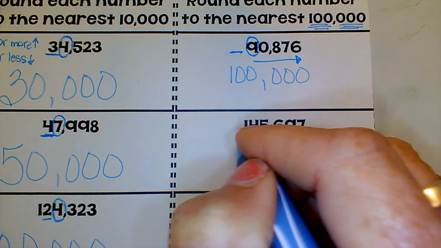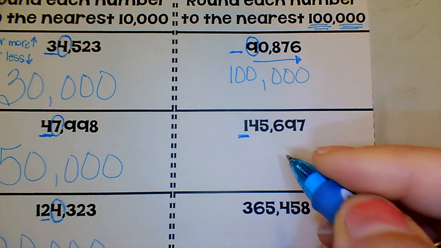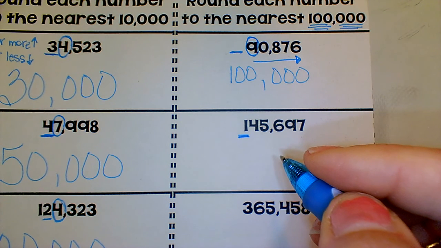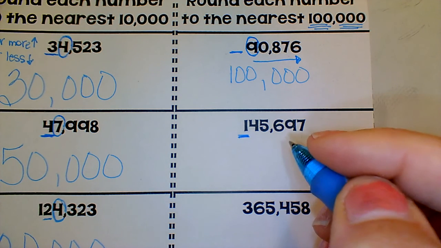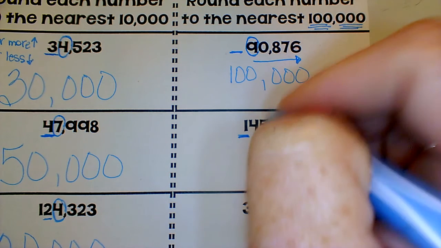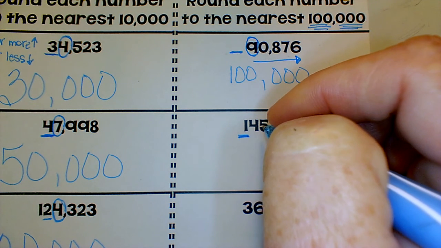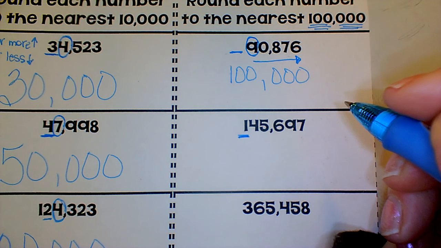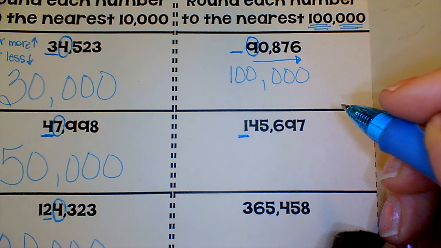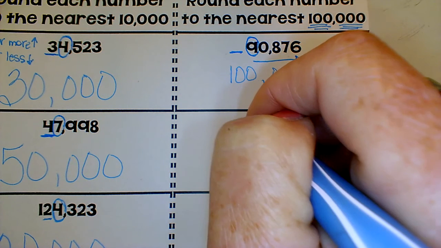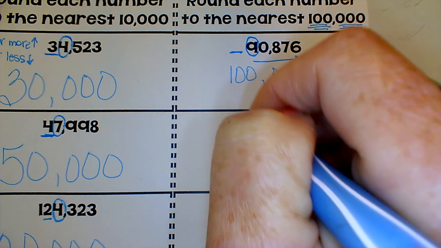Excellent. Which digit is going to tell that one what to do, Candace? Which digit is going to tell that one what to do? Jackson? The 4. What do we do with the 4? Circle it.